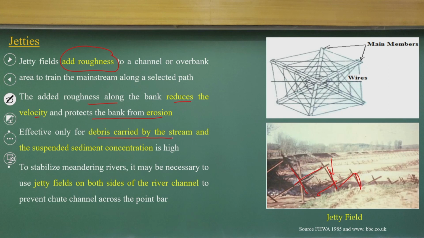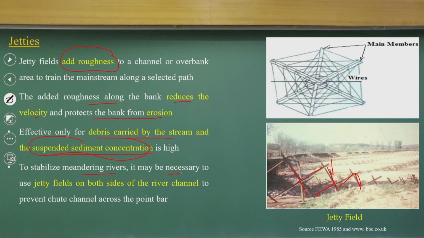If the stream has a lot of debris, the debris can plug up here, and that gives additional resistance and causes sedimentation if you have a lot of sediment concentration flowing over it. It stabilizes the meandering river.